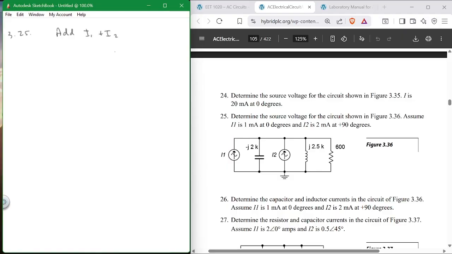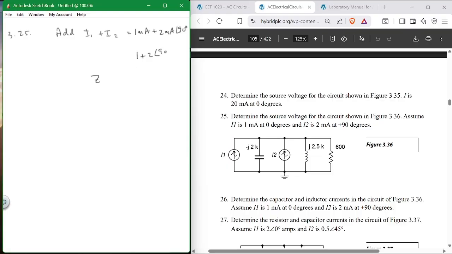So what is I? Well, it's 1 milliamp plus, it's that. And that's not a bad number. That's 1 plus 2 at angle 90. Can you deal with that?